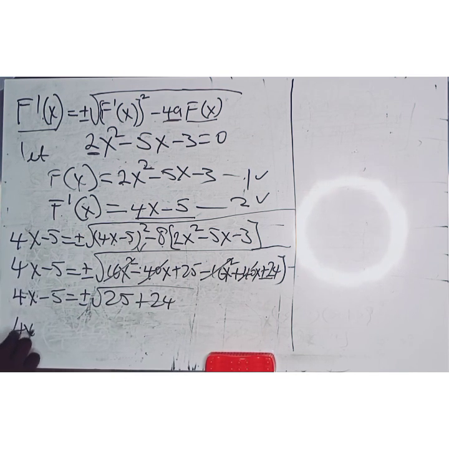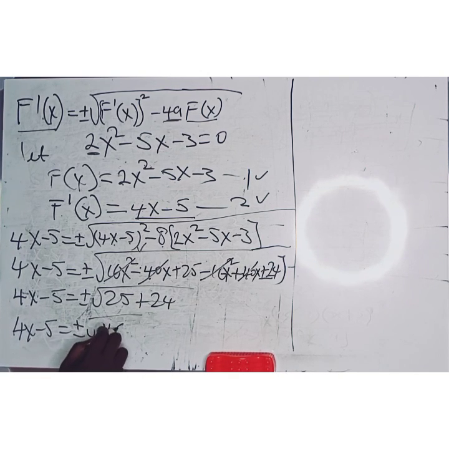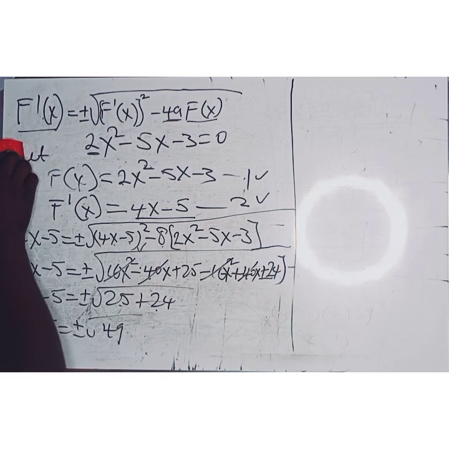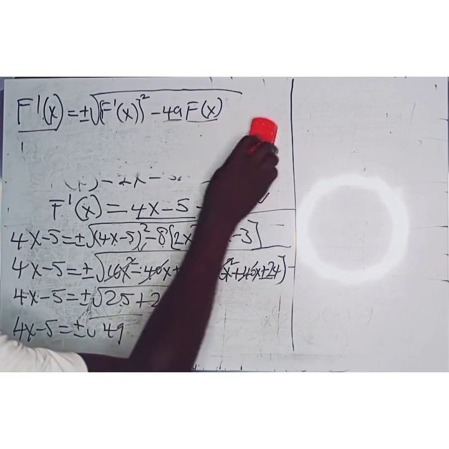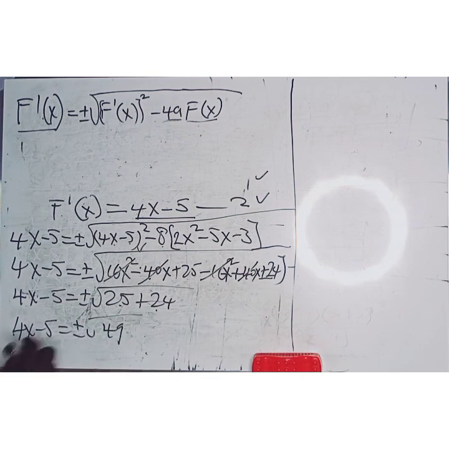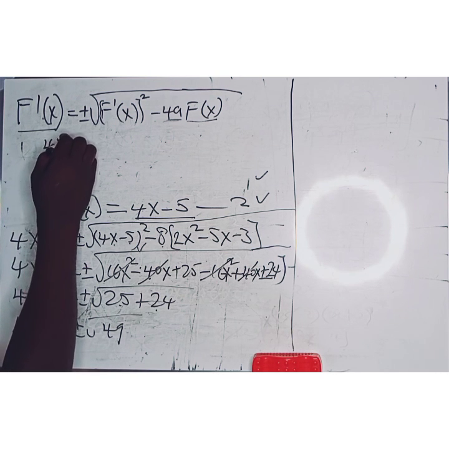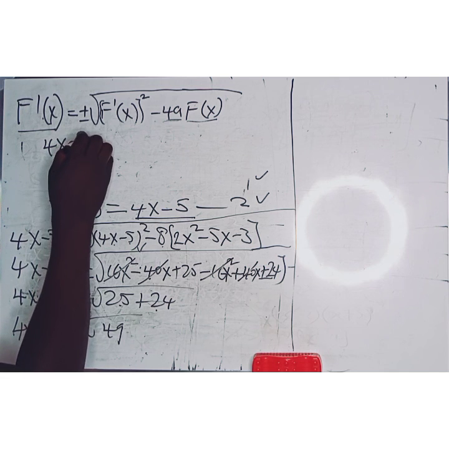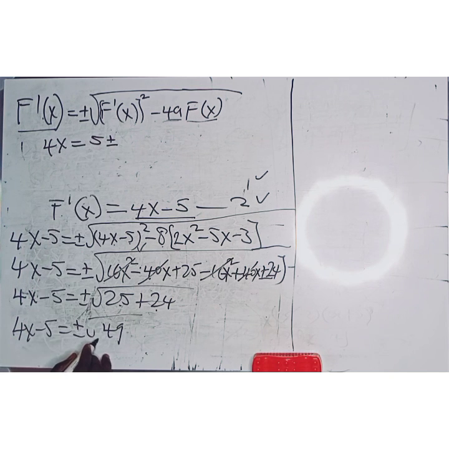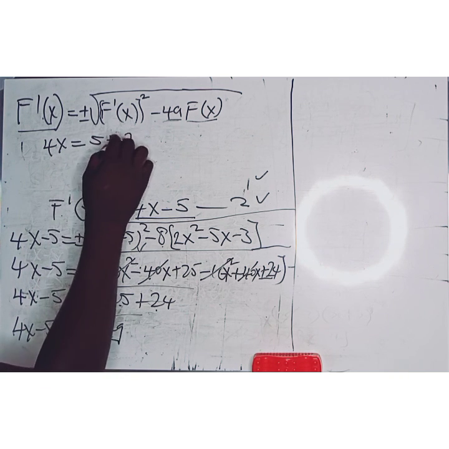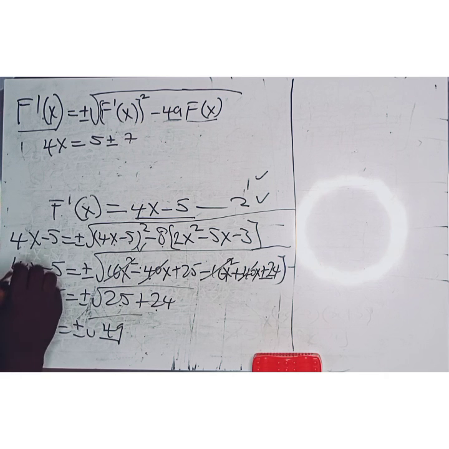I have 4x minus 5 equals plus or minus the root of 49, since the sum of these two gives us 49. Okay? Wow. Now, I have 4x equals 5 plus or minus the square root of 49, which is 7, right?